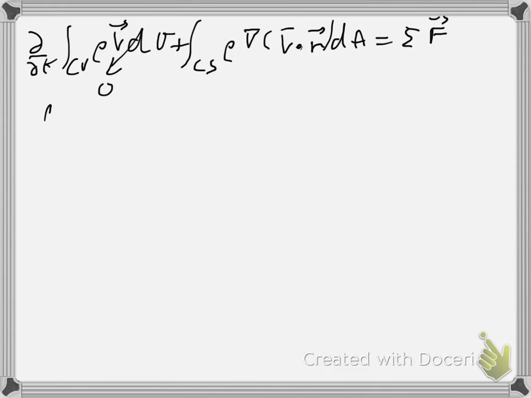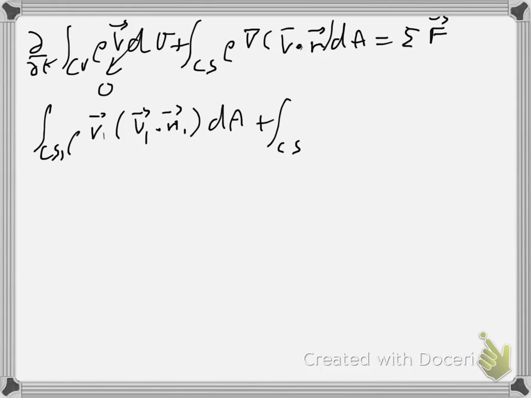So we are looking at the integral over CS1 of rho V1 (V1 dot N1) dA plus the integral over CS2 of rho V2 (V2 dot N2) dA, which I'm going to express right away.